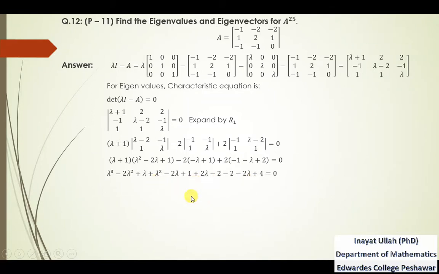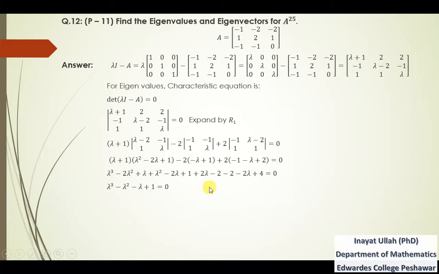this equation. Now we see here that that is lambda cube, and now minus 2 lambda square plus lambda square is minus lambda square, so that is minus lambda square, plus lambda minus 2 lambda is minus lambda, minus lambda plus 2 lambda is plus lambda, and plus lambda minus 2 lambda is minus lambda.